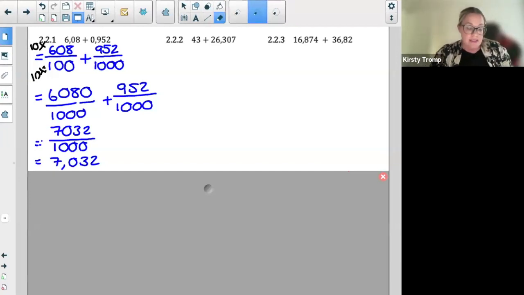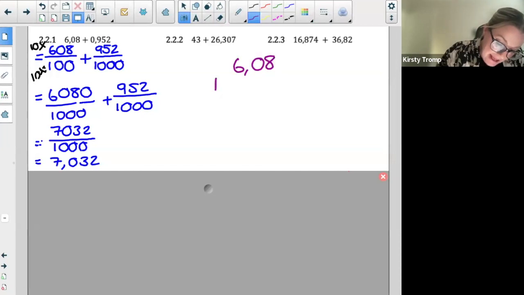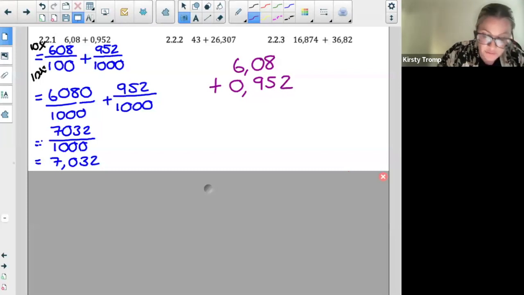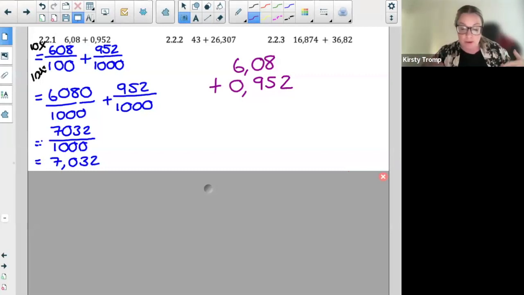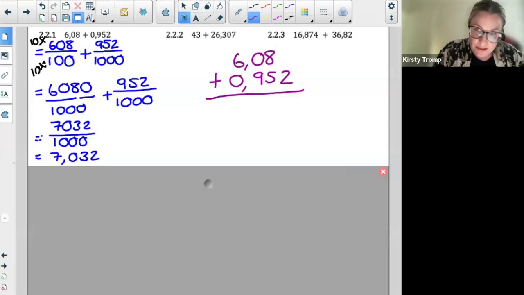All right, guys, so I just want to show you what I mean by doing it in columns, because some people might be like, ma'am, you keep saying columns, what does that mean? So if I've got 6,08 and I'm adding 0,952, I'm putting things in columns. I draw a nice, neat line underneath that with a ruler.